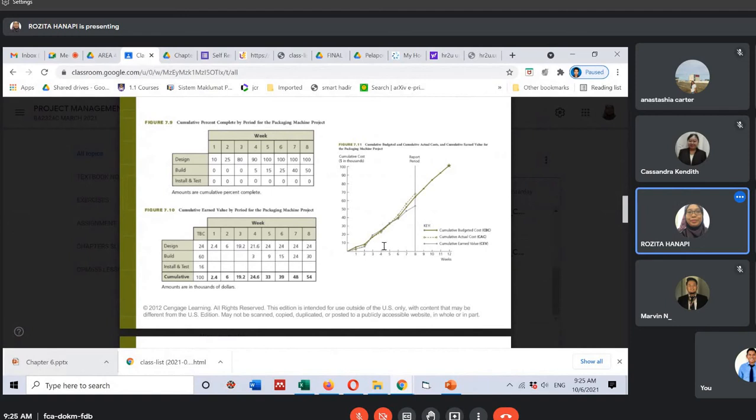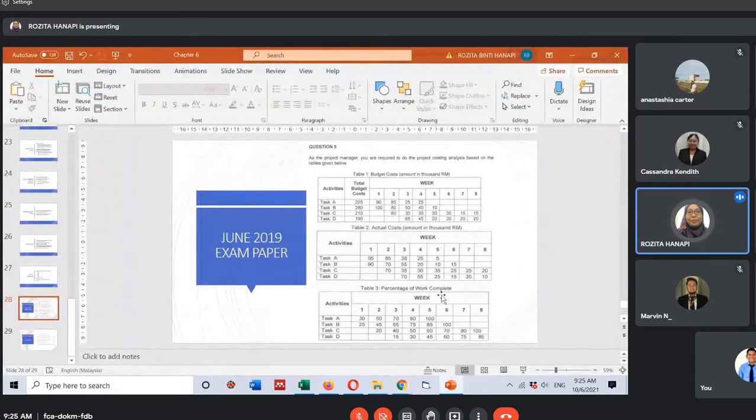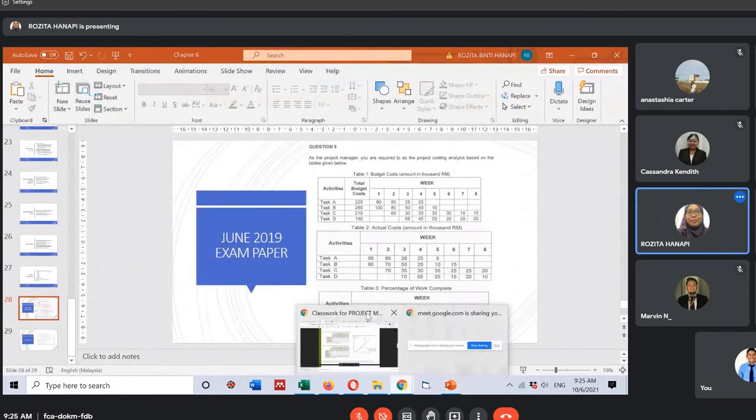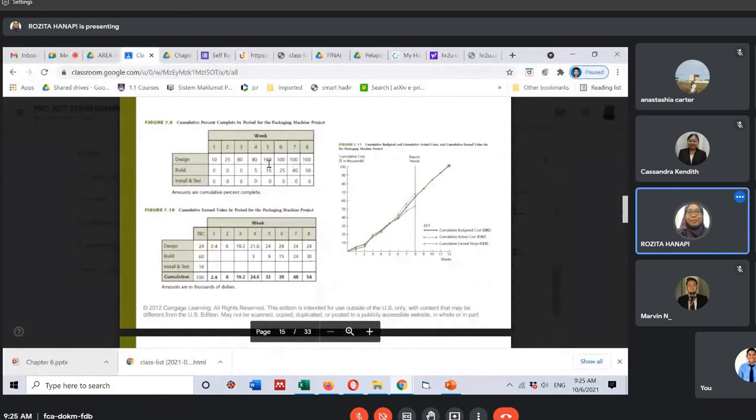You have the cumulative budgeted cost, the cumulative actual cost, and the cumulative earned value. Okay, so based on this question, to answer it, I refer to this one.